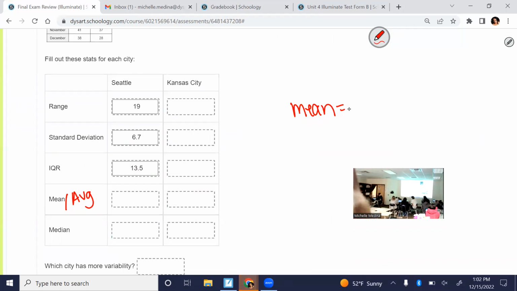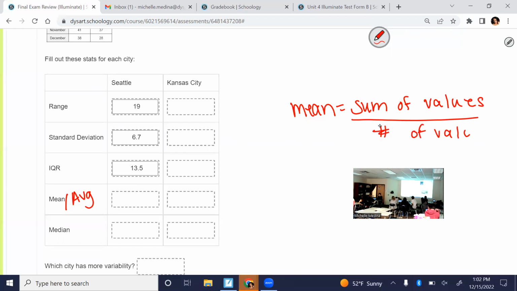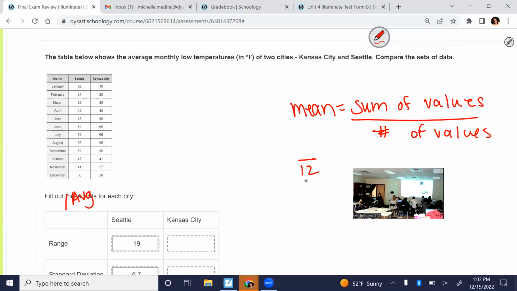To find the mean, you take the sum of the values and then do what? Divide it by the number of values. So everything in our list, you would add it all up and divide by what for Seattle? You would divide it by 12 because there's 12 data points.